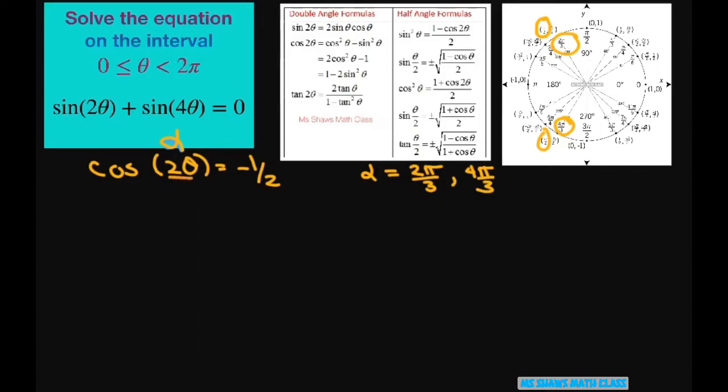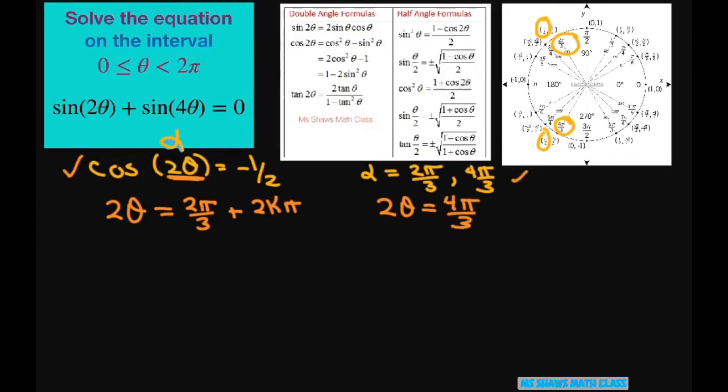Since I need this to equal alpha for this to be true, I'm going to set this equal to alpha, which in our case is 2 pi divided by 3, and I'm going to put our period at 2k pi. And this one's going to be 2 theta equals 4 pi divided by 3, because that's my other alpha, plus 2k pi.